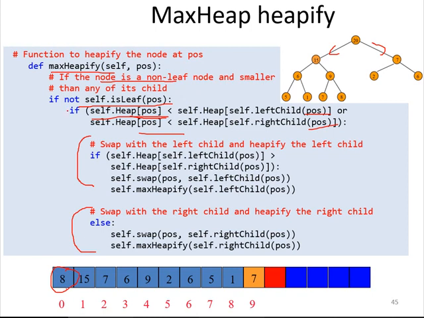Now, first of all, this line determines whether an action has to be done, that is, whether the node has to move down. If it needs to, it would determine whether it should go with the left or go with the right.